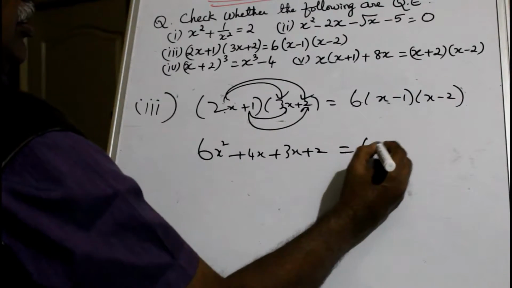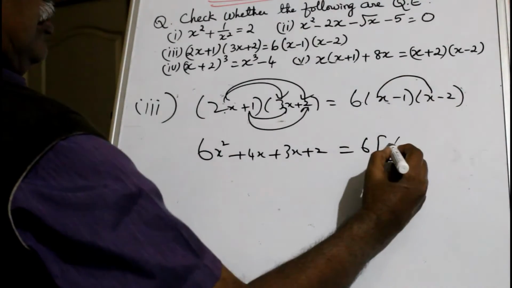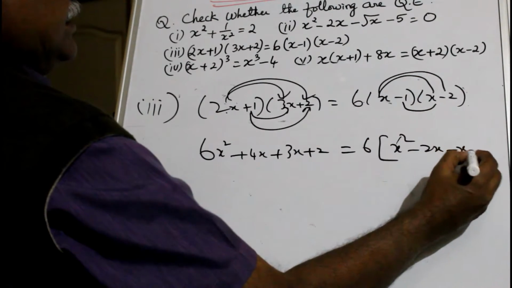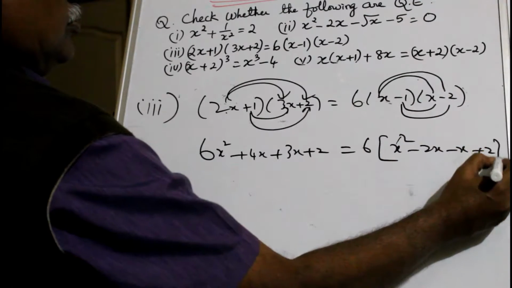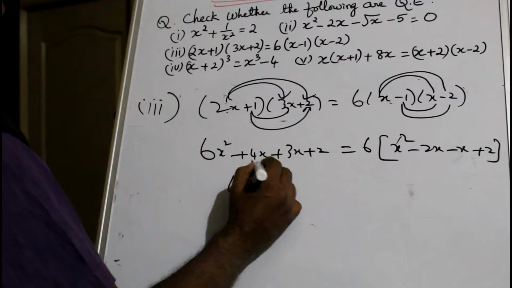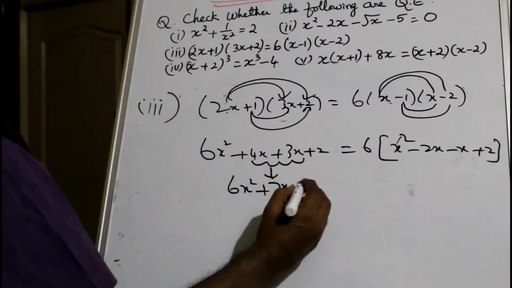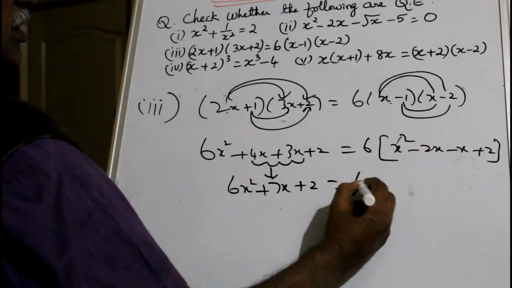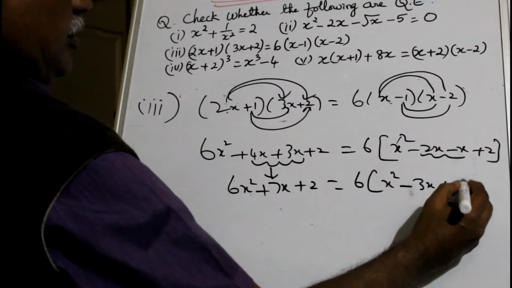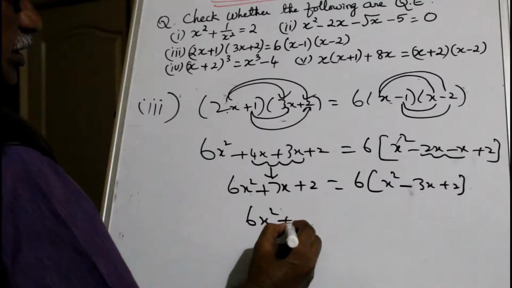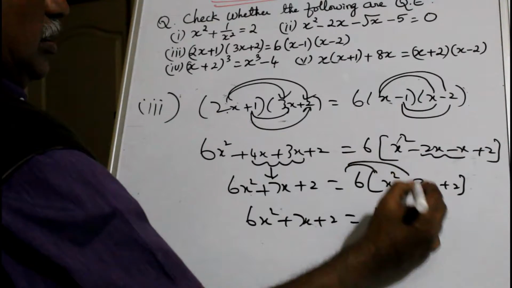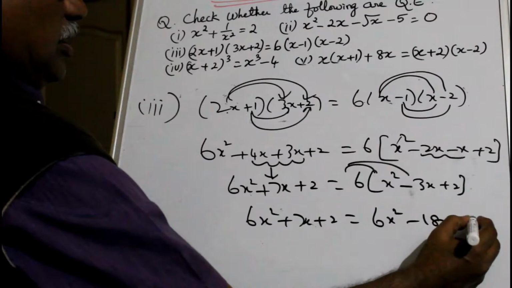Here first you keep the 6 outside and expand this. x into x is x square, minus 2x, minus x, and minus minus is plus 2. So you get 6x square plus 7x, 4x plus 3x you can add like terms, plus 2 equal to 6 into x square minus 3x plus 2, which is 6x square minus 18x plus 12.